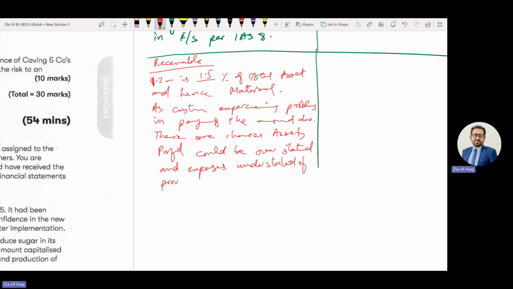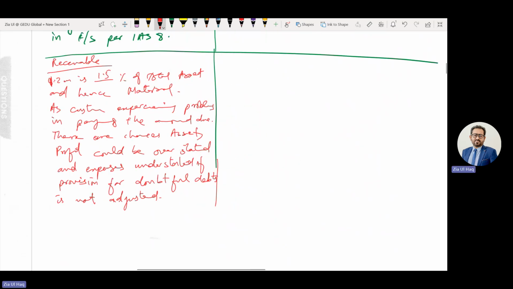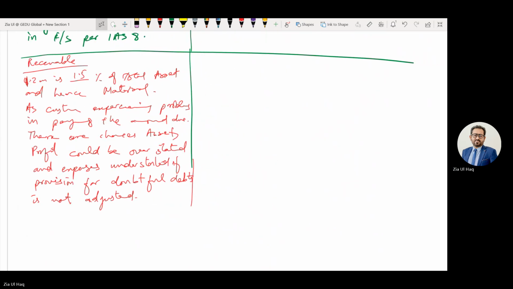If provision for doubtful debts is not adjusted, how can we verify these bad debts? How can we verify the company will be able to recover this amount?